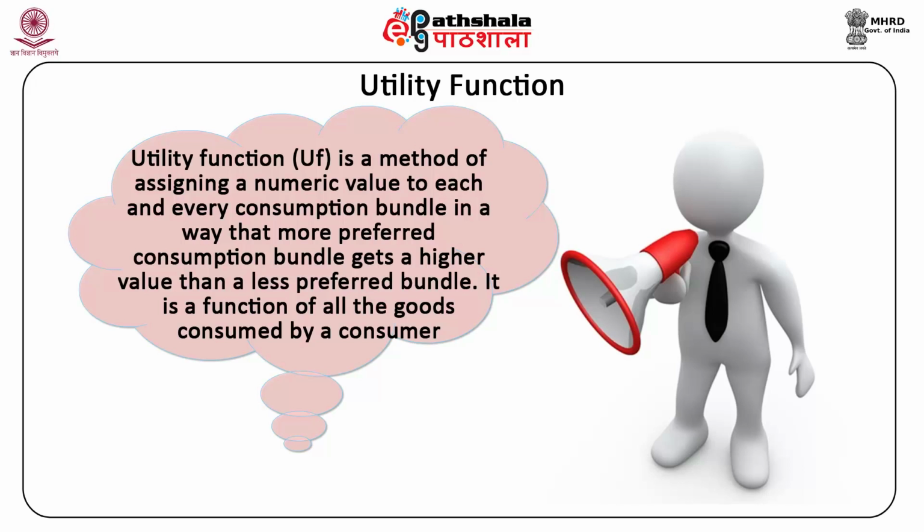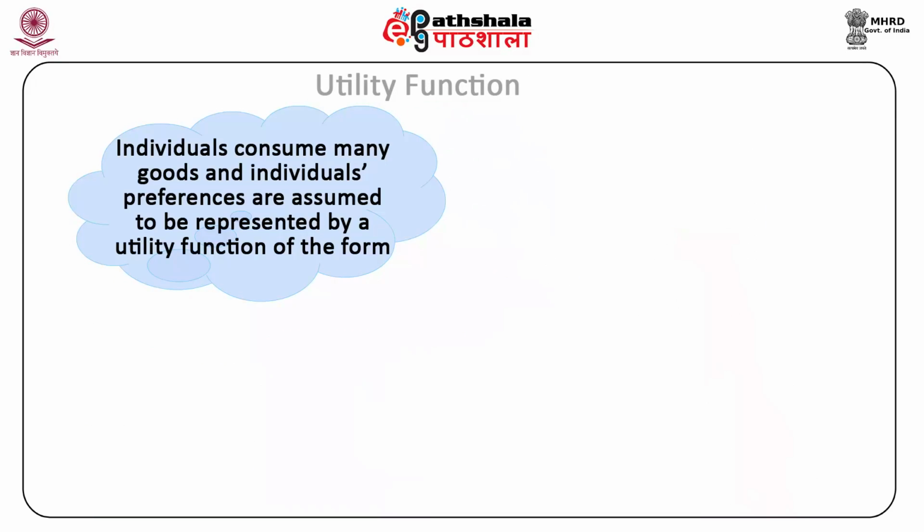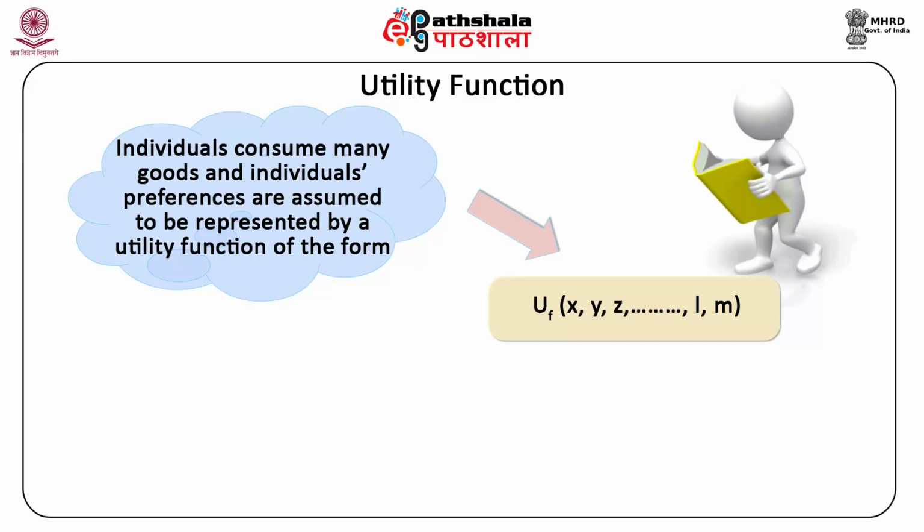If there are two goods, X and Y, then the utility function would be UF equal to UF of X, Y. In general, individuals consume many goods and individuals' preferences are assumed to be represented by a utility function of the form UF, a function of X, Y, Z, etc., till Lm, where X, Y, Z, Lm are the quantities of each of n goods that might be consumed in a period.